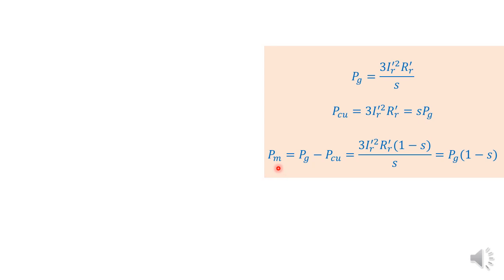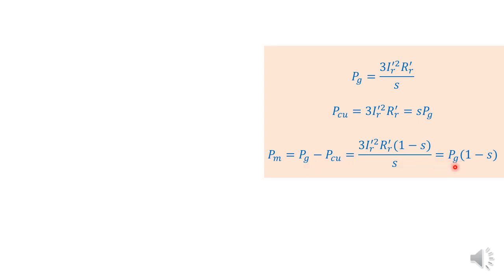Now PM is the mechanical power developed in the rotor. The air gap power is the power that is transferred from stator to rotor, and air gap power minus rotor copper loss will give you the mechanical power developed in the motor. And when you substitute the values of Pg and PCU, you will get expressions like this.